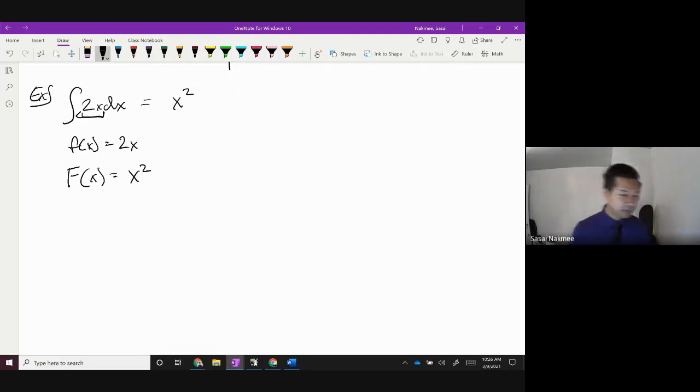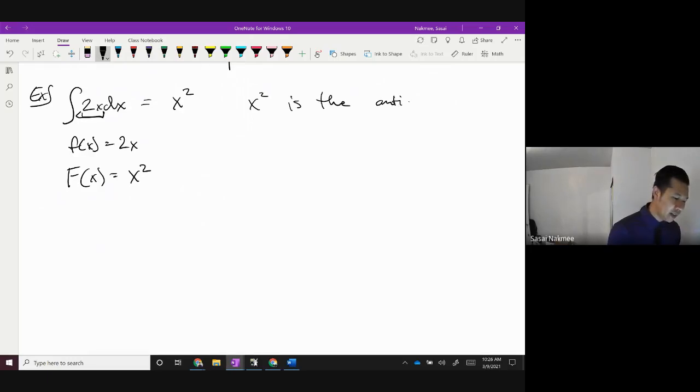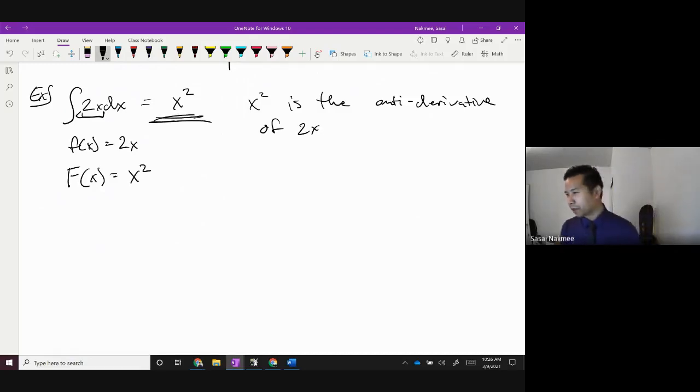And that's it. That x squared is the antiderivative of 2x. Now there's more, of course, but I'm going to pause it here. Does that make sense? What I've just written out.